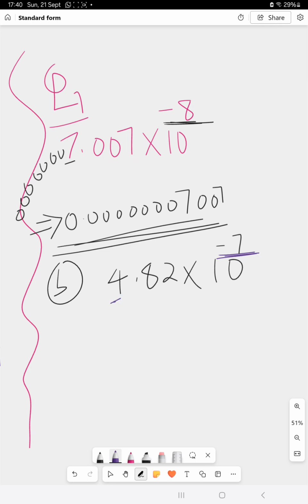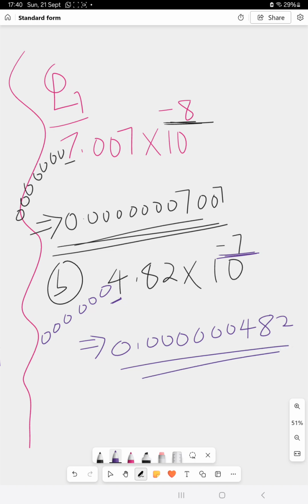The first one is now the 4, then 2, 3, 4, 5, 6, 7. So I will have 6 zeros behind 4, and therefore the answer here is 0.0000482, and that is the answer. As simple as that.